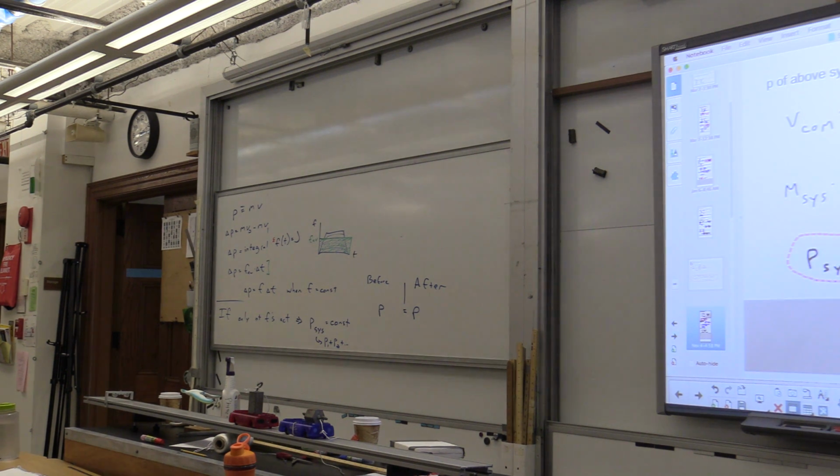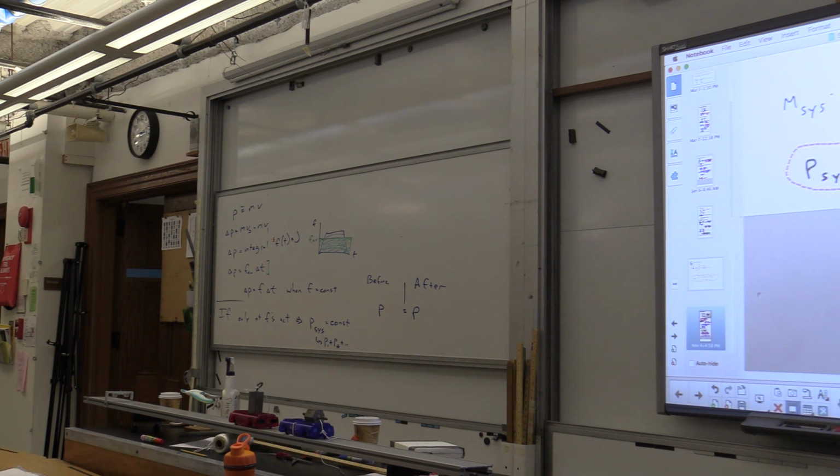Good old math. The momentum of the system is the sum of the individual momenta. It's also the mass of the system times the velocity of the center of mass. Center of mass is what happens when you treat multiple things as just one thing. You can do the calculation yourself.